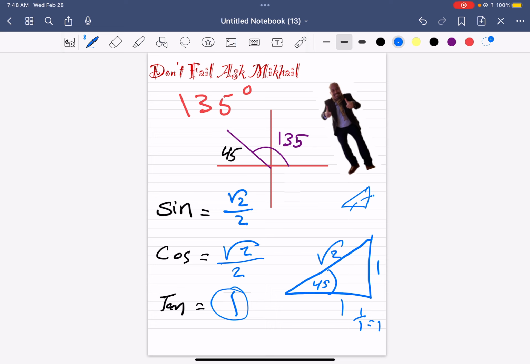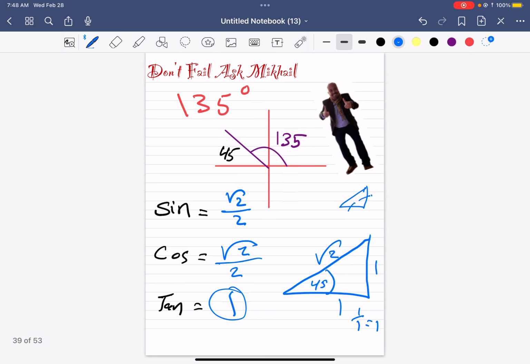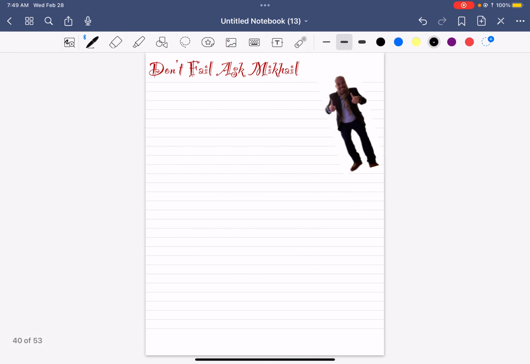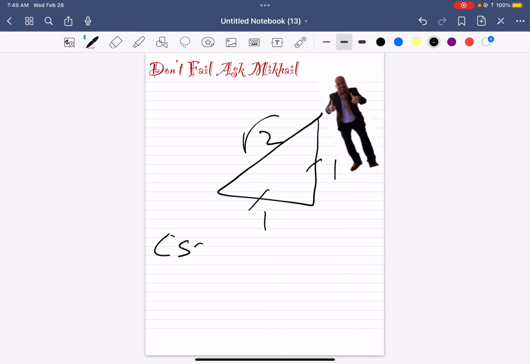All right. Now, what about cosecant, secant, and cotangent? So let's come back here and find cosecant, secant, cotangent. If I have the triangle here, 1, 1, radical 2, the cosecant is the reciprocal, 1 over sine.